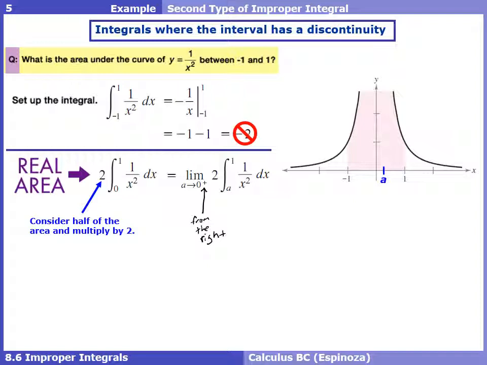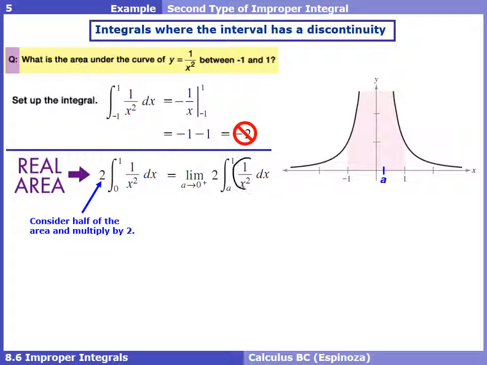We want a to approach 0 from the right side. And now we have what is called a proper integral. This is what your goal is in terms of starting these problems. You need to write a proper integral, and then we can go through the steps of figuring out what all of that's equal to. So let's go through those steps now.